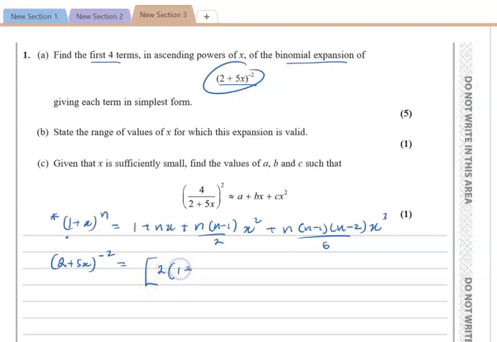So I have 1 plus, when you factorize 2 outside, you divide by 2, so 5 over 2 x, all of it to the power of negative 2. So my expression will be 2 to the power negative 2, which is 1 over 4, into 1 plus 5 over 2 x, to the power of negative 2.